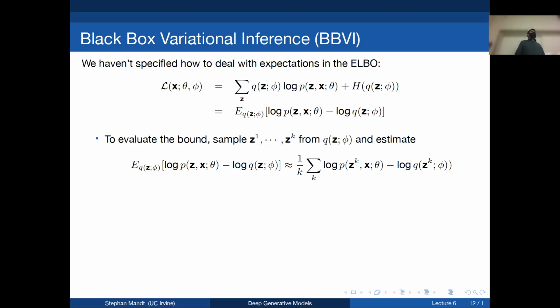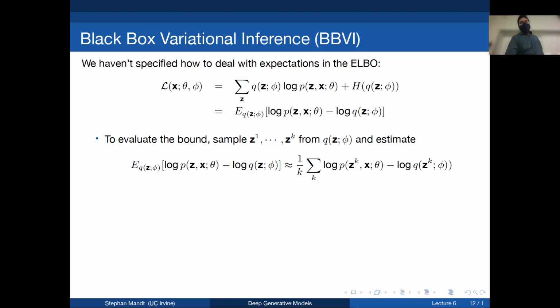Even that is not trivial, because we cannot compute these expectations analytically, so we approximate them using Monte Carlo sampling. We get an unbiased estimate of the evidence lower bound by sampling from the Q distribution: z_1 through z_K are samples from q.